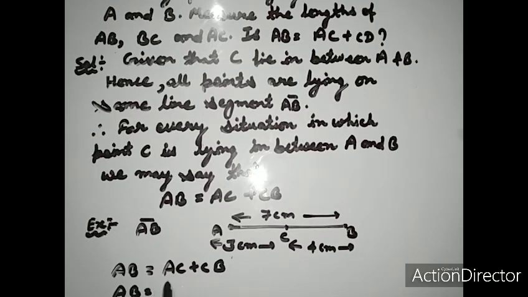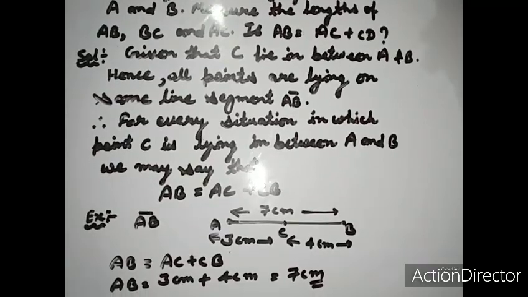Here we add these 2 lengths, 3 centimeter and 4 centimeter, so we get a total of 7 centimeter. So we say that the length of AB is equal to 7 centimeter, right?